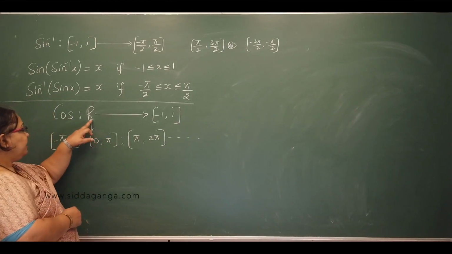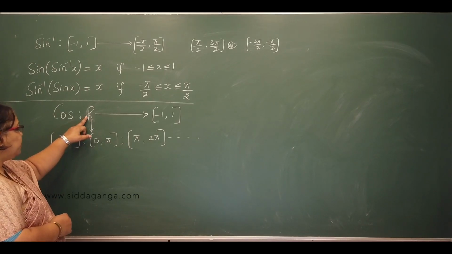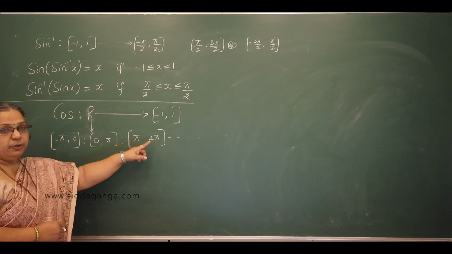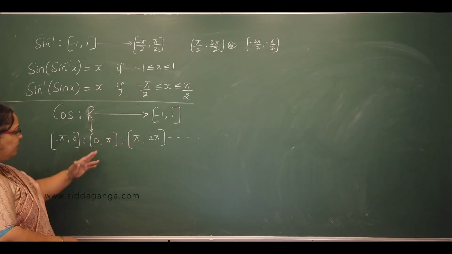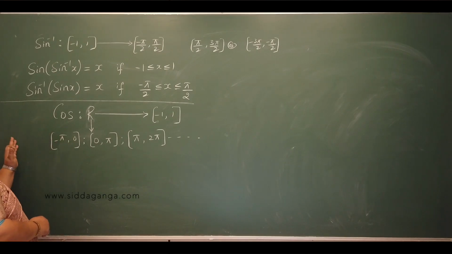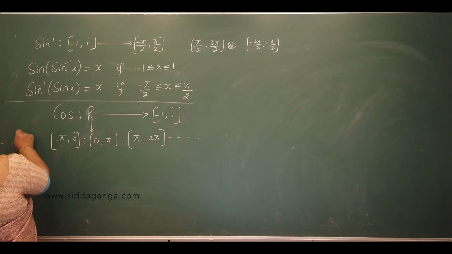Therefore, the original domain, we have restricted to the closed intervals 0, pi; pi, 2 pi; and so on. And the next one 2 pi, 3 pi, and the previous ones -pi, 0 and -2 pi, -pi can also be taken.